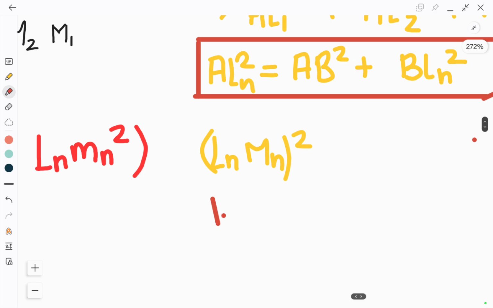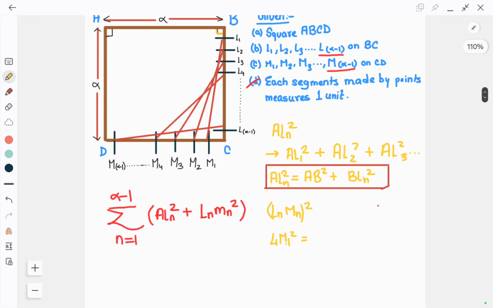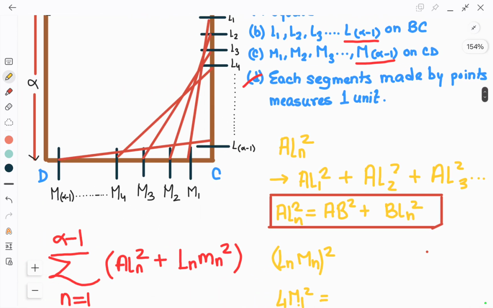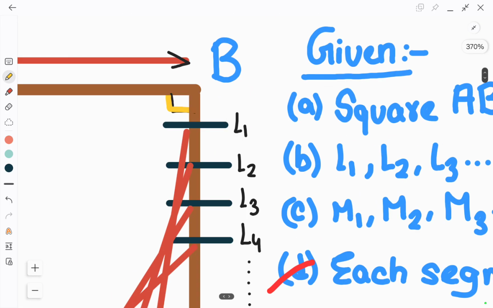If we take L1M1 whole square, then what are we getting? The full length of BC is alpha, minus 1, because up to L1 each segment measures 1 unit.